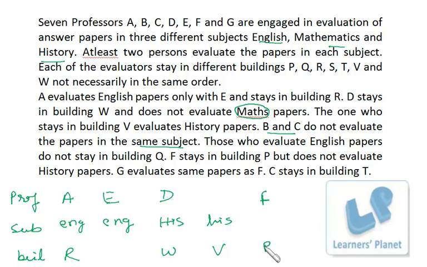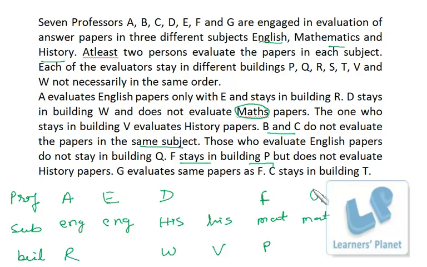F stays in building P but does not evaluate history. So F does not evaluate history, and English he cannot evaluate, so he will evaluate math. So F stays in building P and he evaluates math. G evaluates same paper as F. That means G is also evaluating mathematics, and C stays in building T.